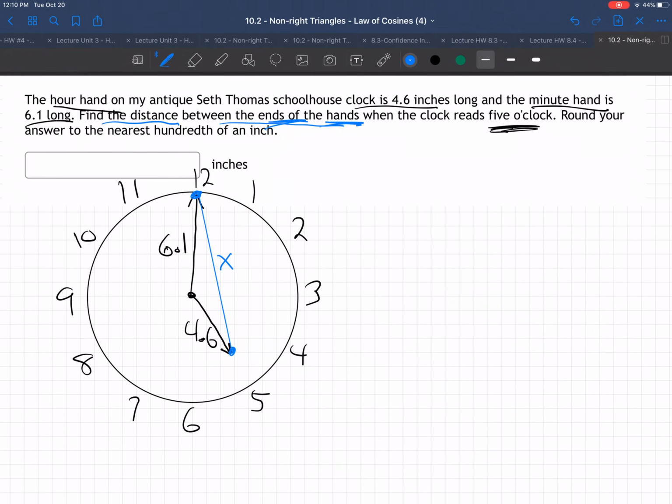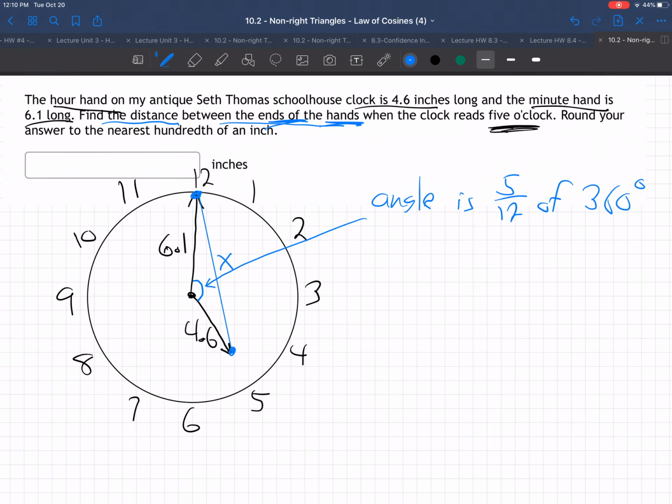Okay, and we know the two sides, and now do we know this angle here? Well, this angle is 5/12 of 360 degrees, isn't it? You tracking with me?